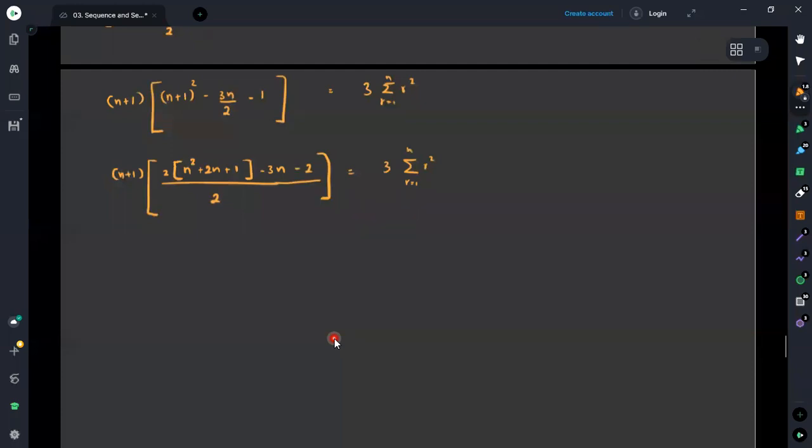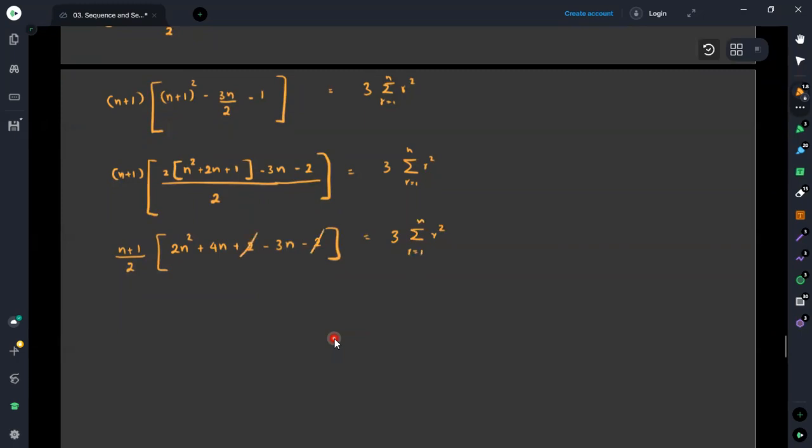Now we can take this 2 out of this bracket, therefore we can take it as n plus 1 over 2, and once we multiply the bracket, we'll get 2n squared plus 4n plus 2 minus 3n minus 2 equals 3 times the summation of r squared, where r is going from 1 to n.